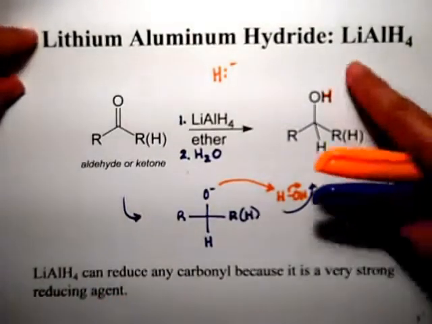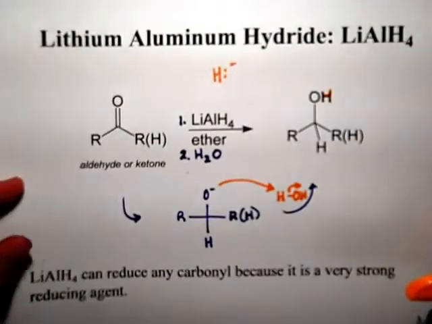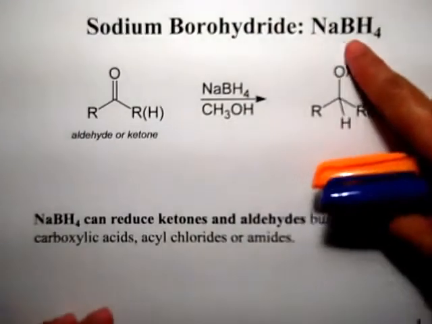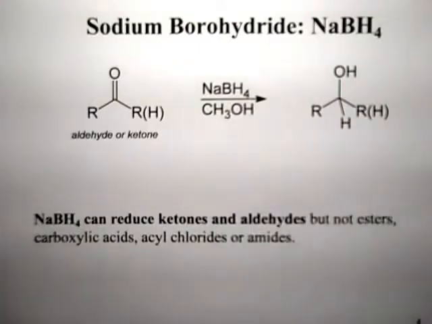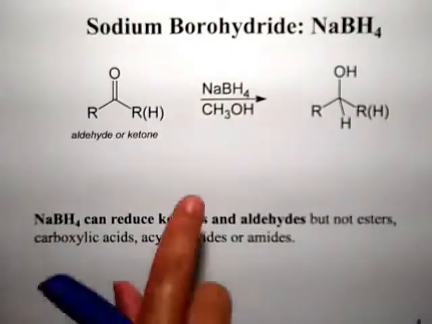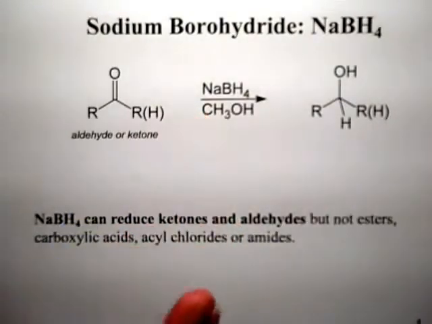But we also have a second hydride reagent, not as strong as lithium aluminum hydride, but quite useful nonetheless. It's sodium borohydride. We have seen it before in 3331, but now it's a much easier reducing agent to use. I don't need to have 2 different steps, and I don't need to have syringes for this reaction.